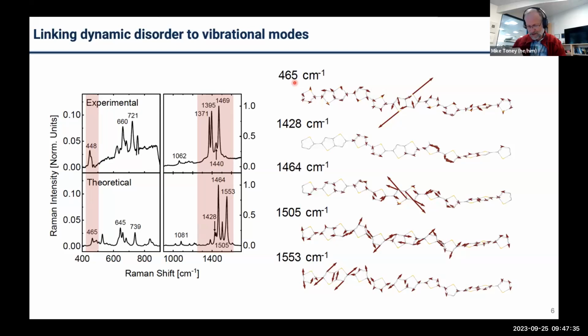And have you done higher temperature measurements? Because again, you should see something if you go to higher temperatures that would induce more of the phonon modes. Yeah, we have.